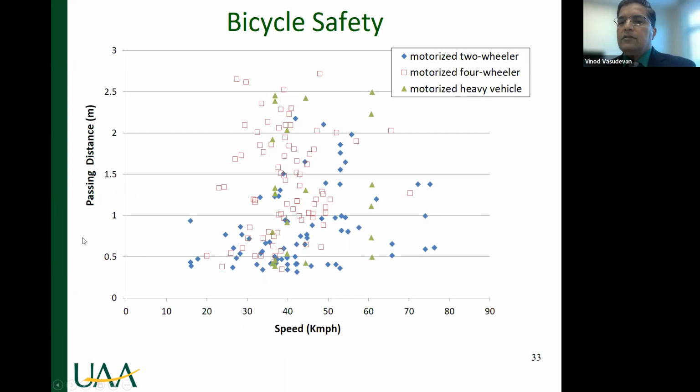This is the lateral passing distance, and this is the speed. This is a motorized two-wheeler, this is a motorized four-wheeler, and these are heavy vehicles.